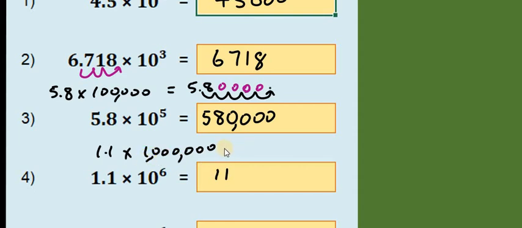Of course, in 1.1, we move 1, 2, 3, 4, 5, 6 places. So we'll have 5 zeros. After we move once, we have 5 more places to move. 1, 2, 3, 4, 5. So our answer will be 1,100,000.